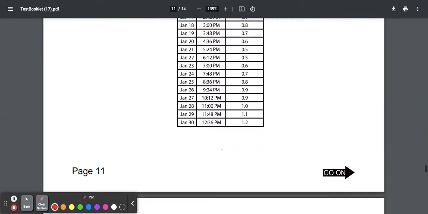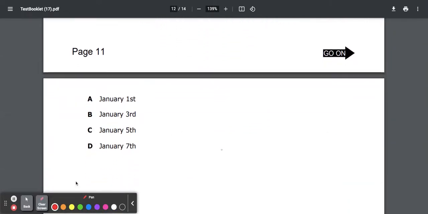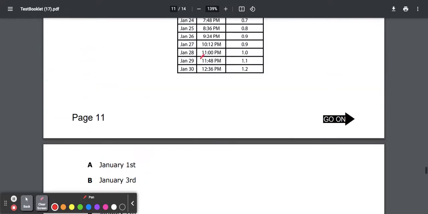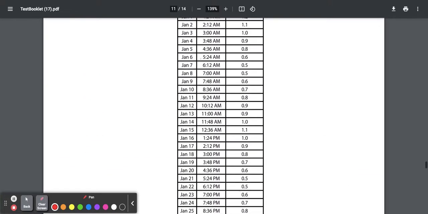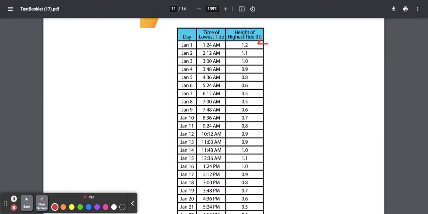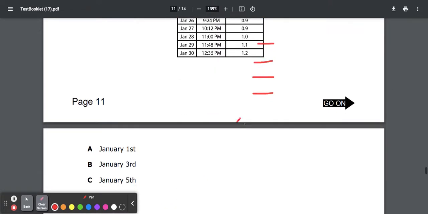So I'm going to go down to my answer choices, and I have the first, the third, the fifth, and the seventh. The one with the highest tide out of all four of those is going to be January 1st. So that would be my answer.